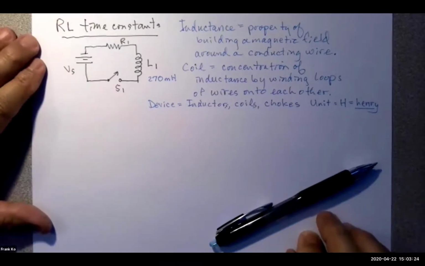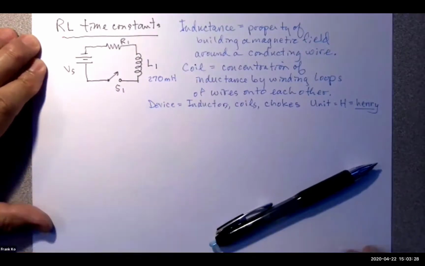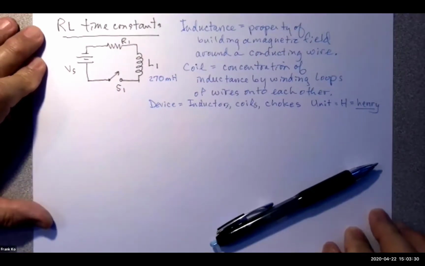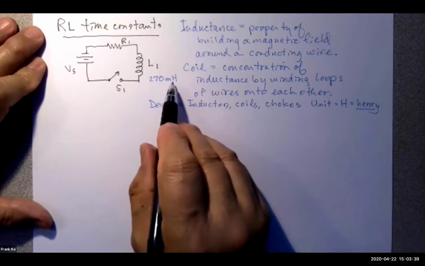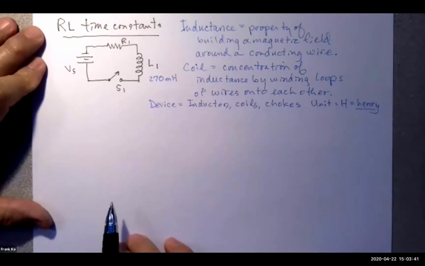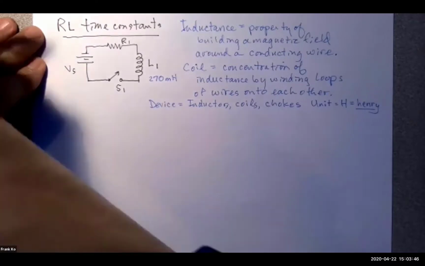So it's named after Henry, just like ohm was named after Mr. Ohm, and watt was named after Mr. Watt, and volt was named after Alessandro Volta, and amp is named after Andre Marie Ampere. So this is named after Mr. Henry. So that's why we have a capital H for millihenry. Is everybody okay with 270 mH, 270 millihenry?